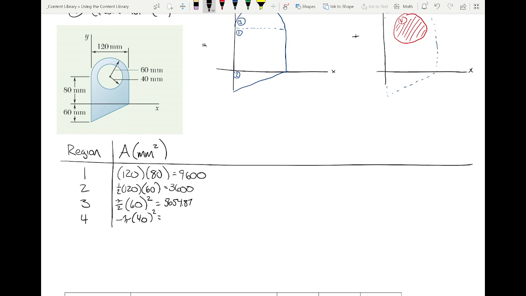And what's that? Say it again. Well, times pi. Right? So there we go. Is that fair? Am I okay? Everybody okay with this? All right.